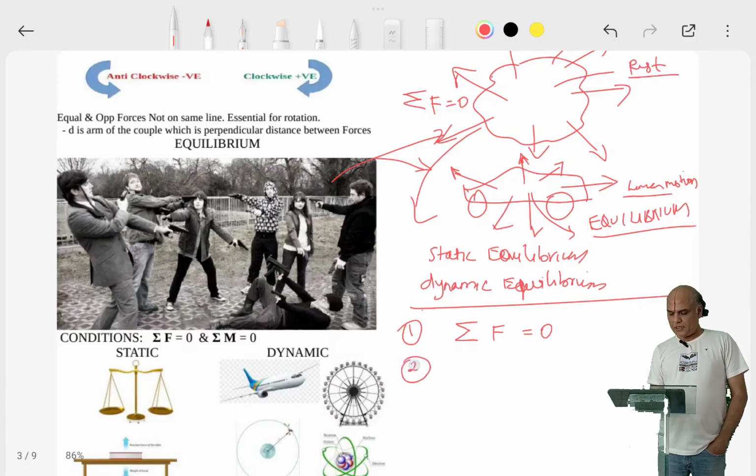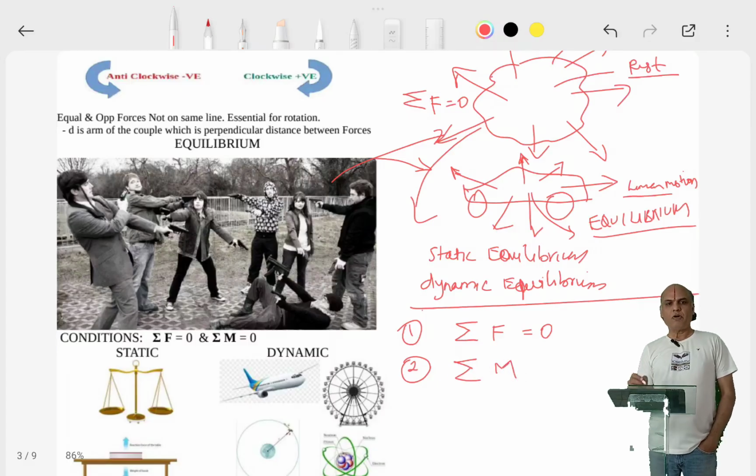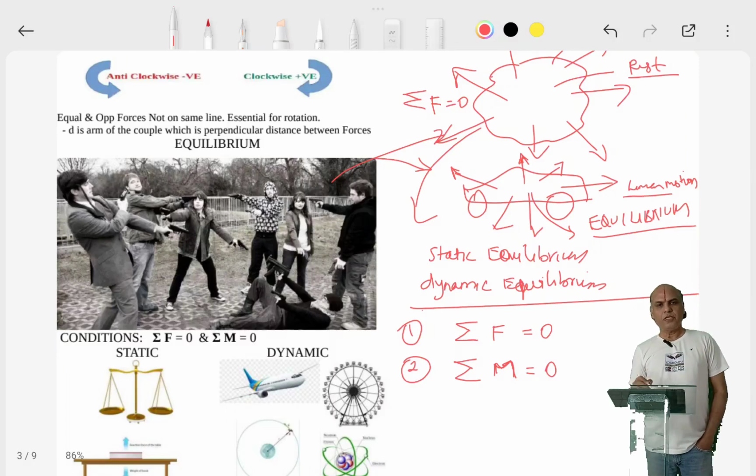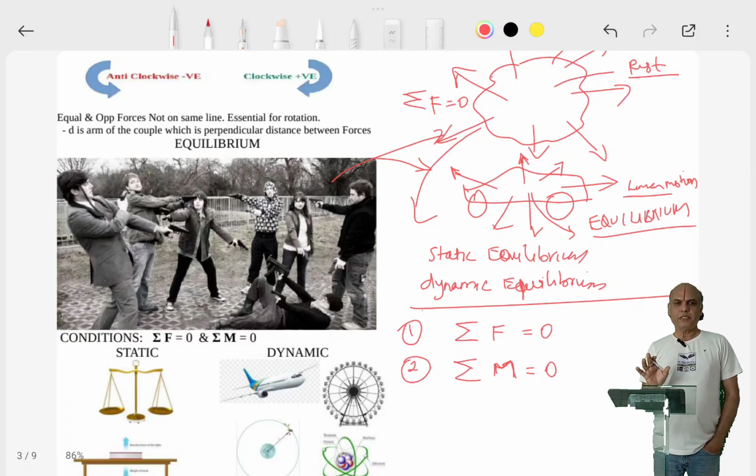The second condition is when you algebraically add the moments of all such forces about some point, then these moments should be equal to 0. So these two are the necessary conditions for a body to attain equilibrium.